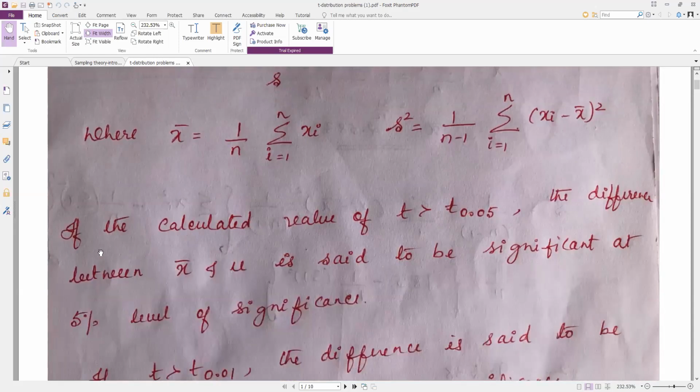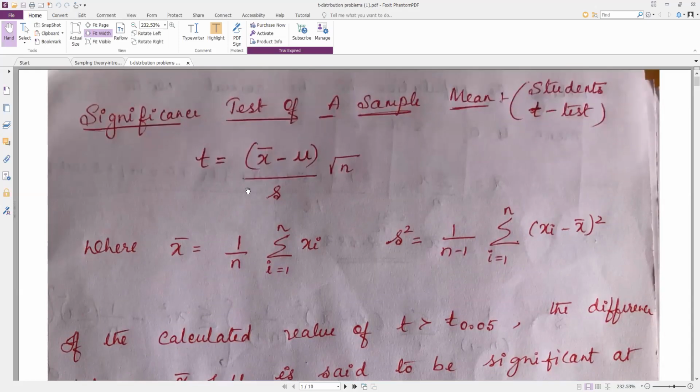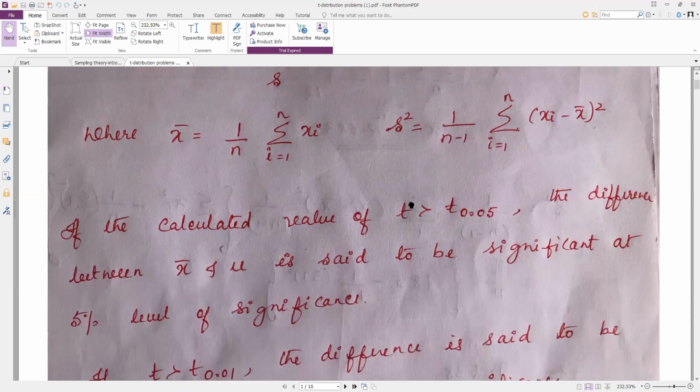Now, suppose when you calculate this value of t, if the value of t is greater than the given value, this t-distribution value at the 5% level will be given in the problem. If it is not given, then you need to ask for the table.